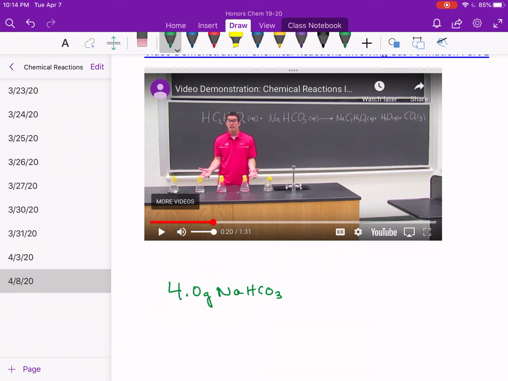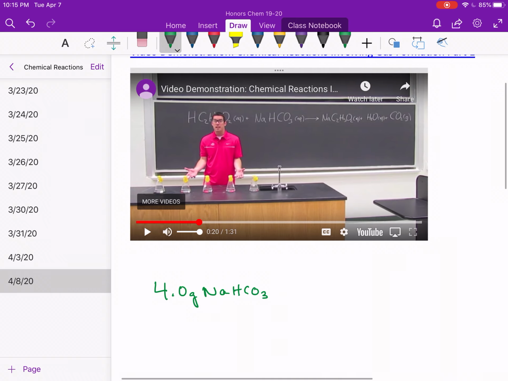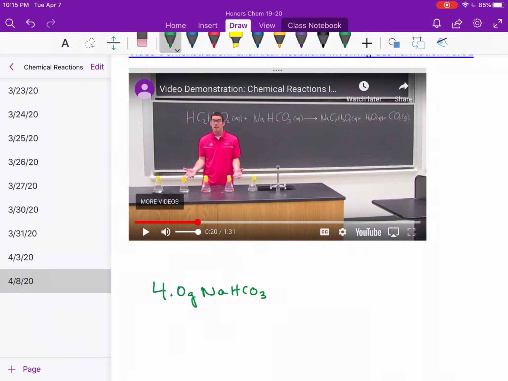I want to know how much gas he collected in that particular balloon, and how would we do that calculation? Well, to know that, we need to know what's going on inside the room. Let's just say inside the room that the temperature was 25.0 degrees C, and we'll make it easy on ourselves and say it was 1.0 atm in terms of atmospheric pressure.